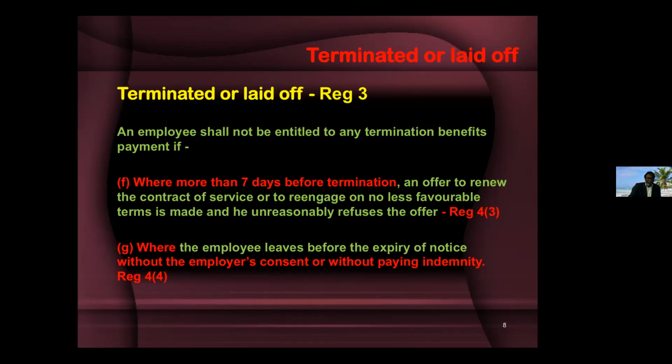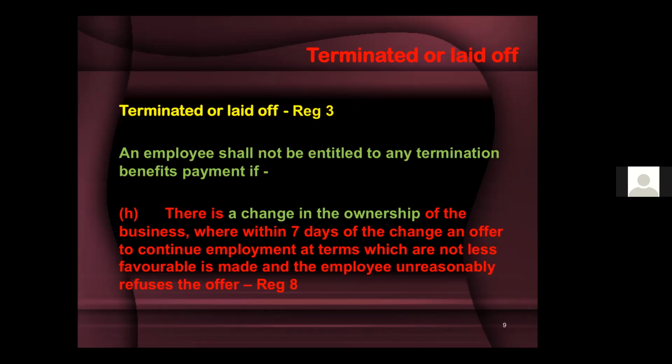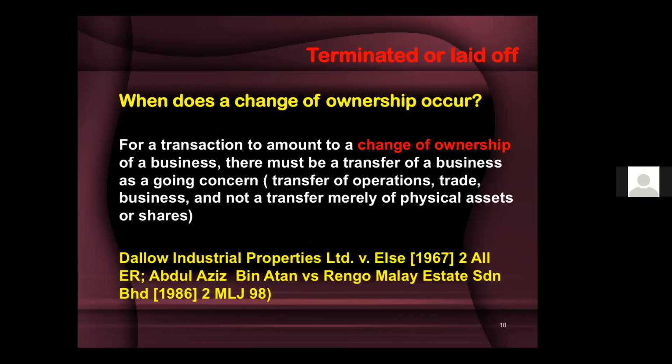Also, it's not entitled to termination benefits when the employee just absconds from work without the employer's consent or without paying indemnity, then obviously you do not have to pay termination benefits. And also in terms of change of ownership, that's another important area we have to think about.